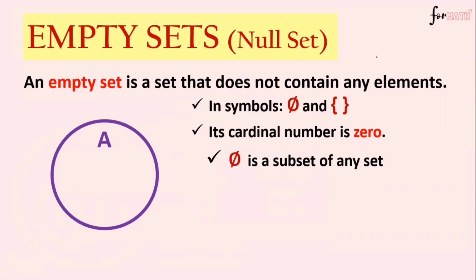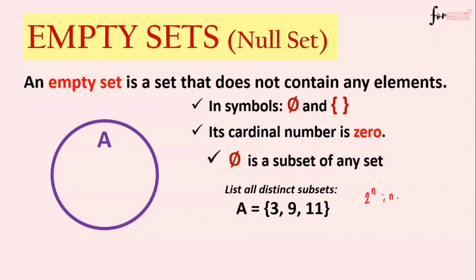What do we mean by this? If we're going to list all the subsets, for example, in a set A, 3, 9, 11. So para makuha natin yung number of subsets nito, meron tayong formula na 2 raised to n, wherein n is the number of elements.